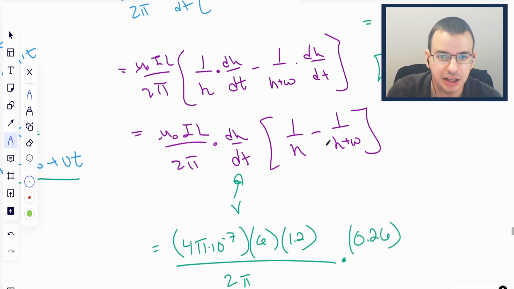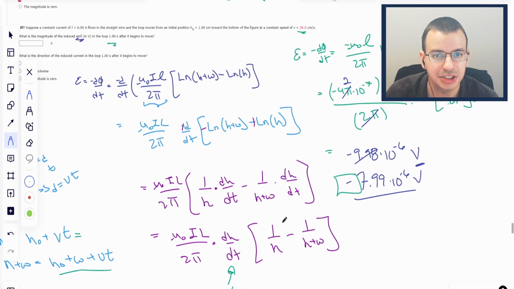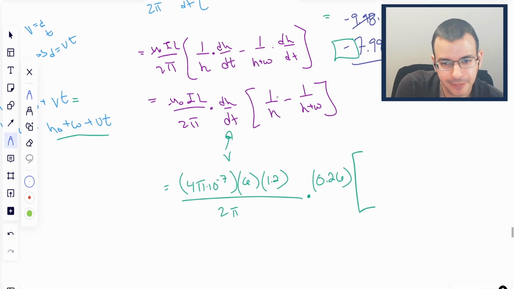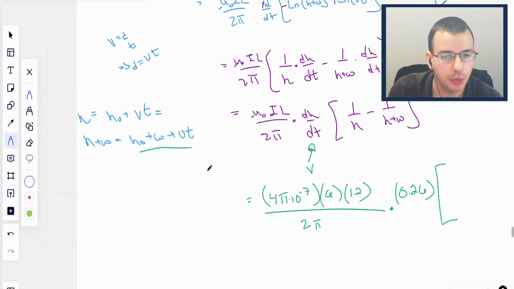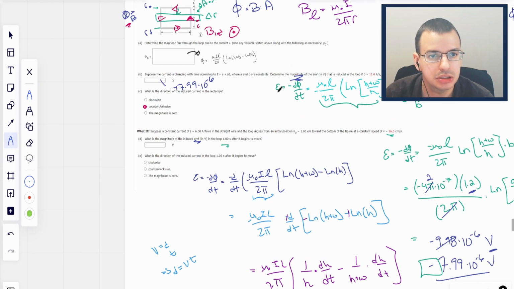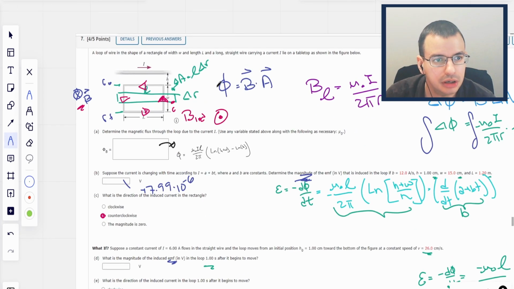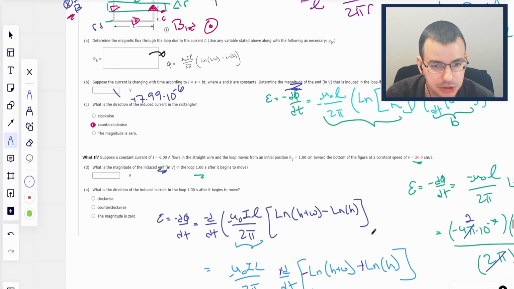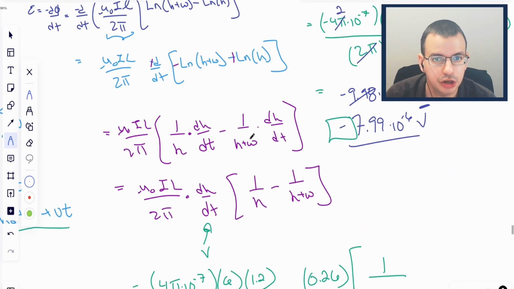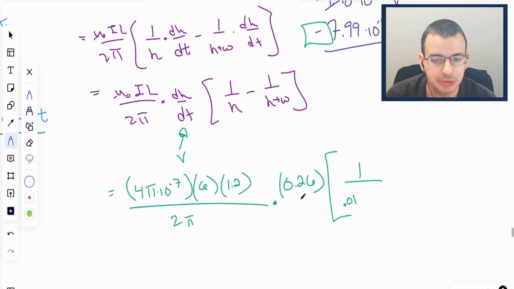That's dh/dt, because it's moving at 26 centimeters per second, times 1 over h, which is going to be 1 over 0.01, because it starts at 1 centimeter. Yep, it starts at 1 centimeter. And then it goes for 1 second at 26 centimeters per second.